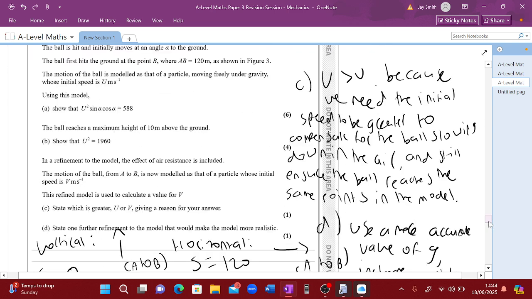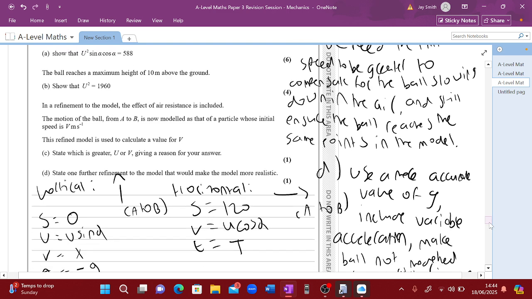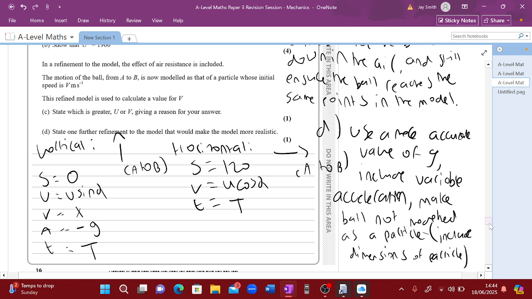So I would learn some of them, even the ones I write down, because they do love to ask that as a spot question. What is a limitation? Excluded air resistance. What is another limitation? You can't just always use air resistance, sadly. So it's good to have a few backup limitations in your pocket. But yeah, there we are. I think that's all to say, really.